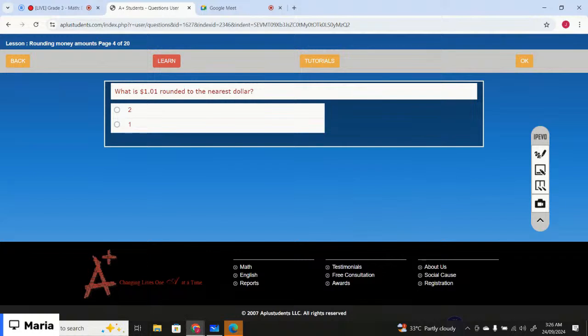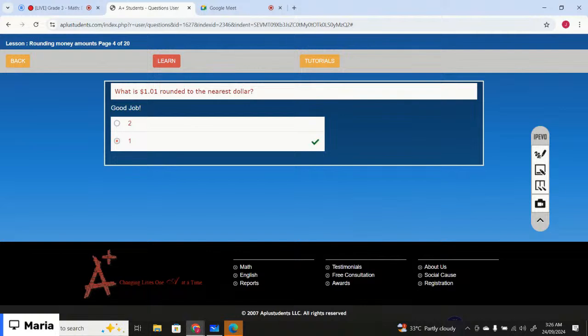What is 1.01 rounded to the nearest dollar? That is $1. Option number 2 is the correct option.